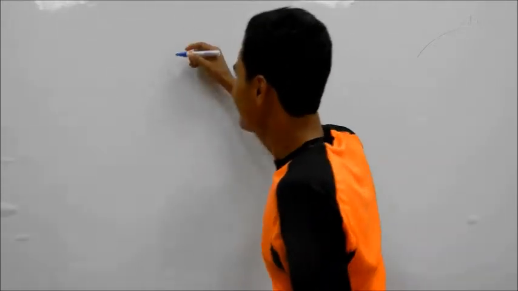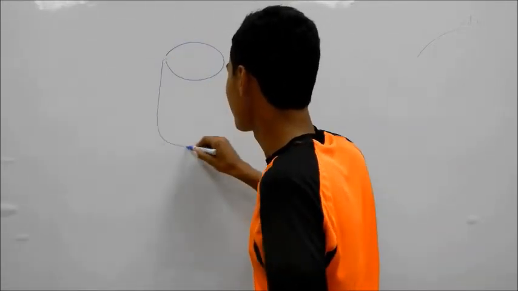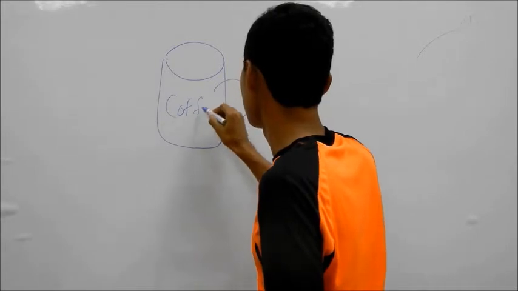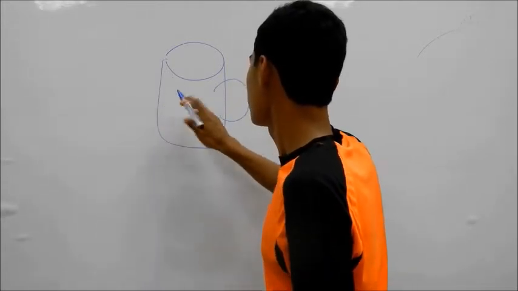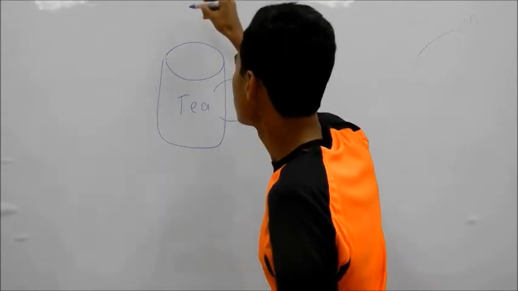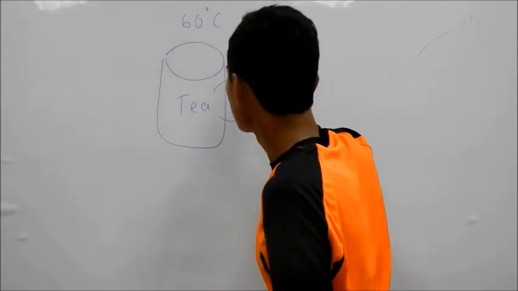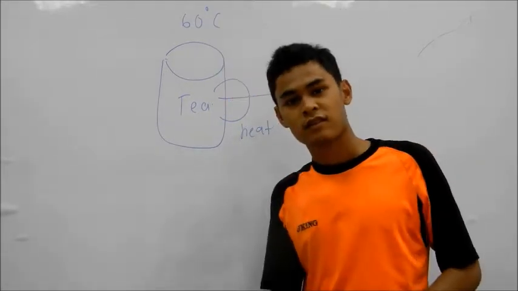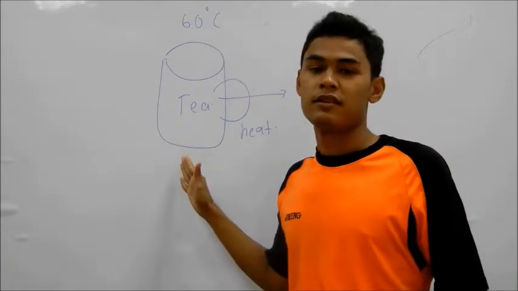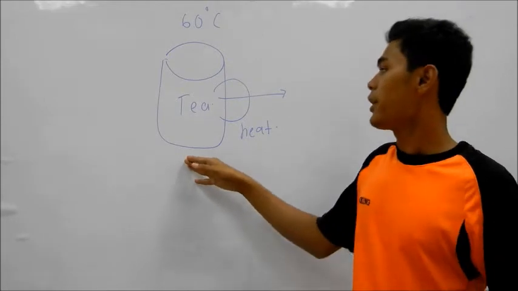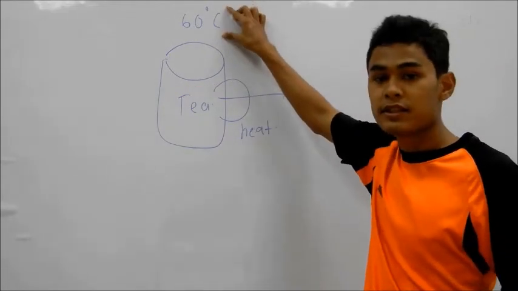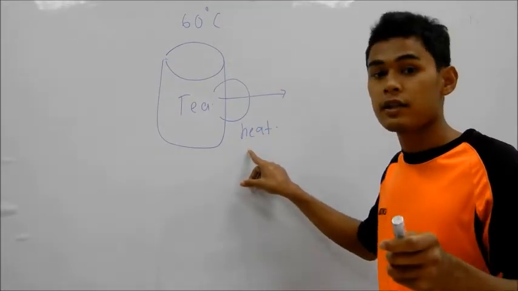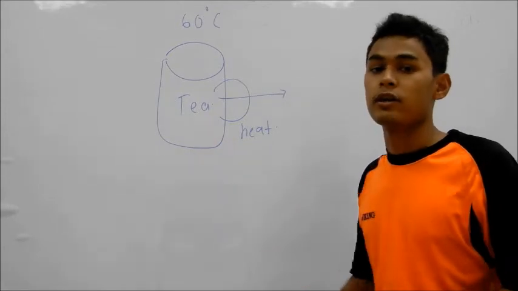See, as you can see in my drawing, there is a cup of tea at a temperature of 60 Celsius put in the surrounding air. And logical thinking, the cup of tea will never get hotter.